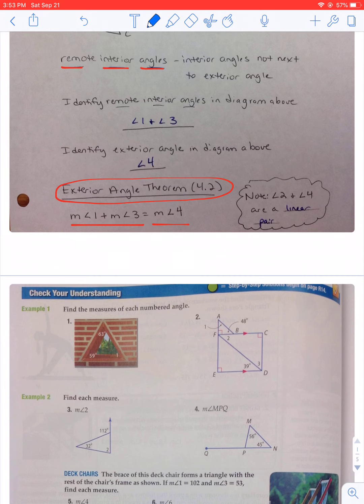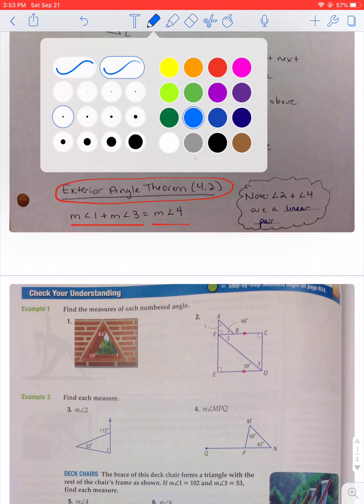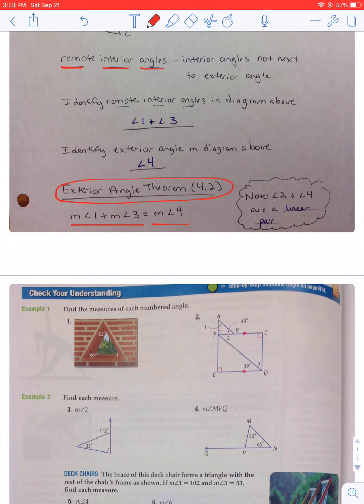Okay, the answer you should have gotten is 58 degrees, because we know that a triangle has 180 degrees. So basically you just need to take 180 and subtract 63, and then also subtract 59, and you should get 58.